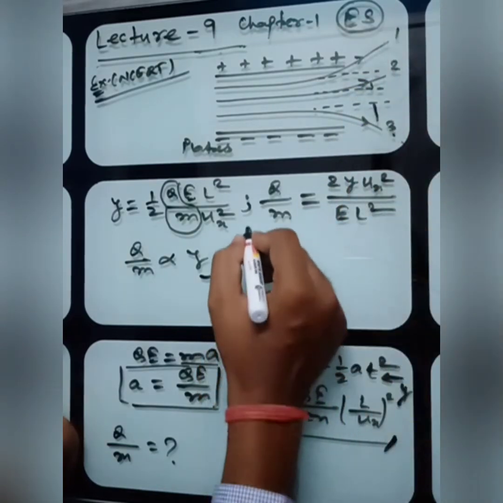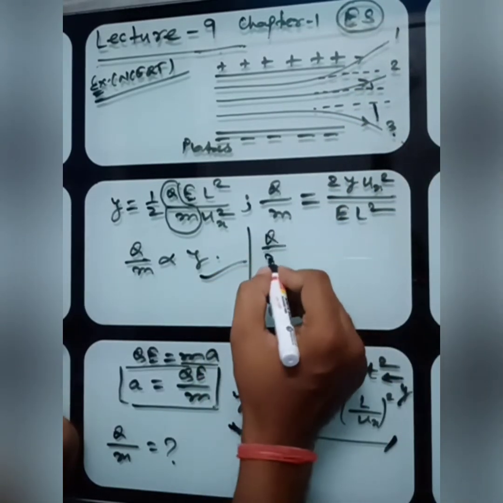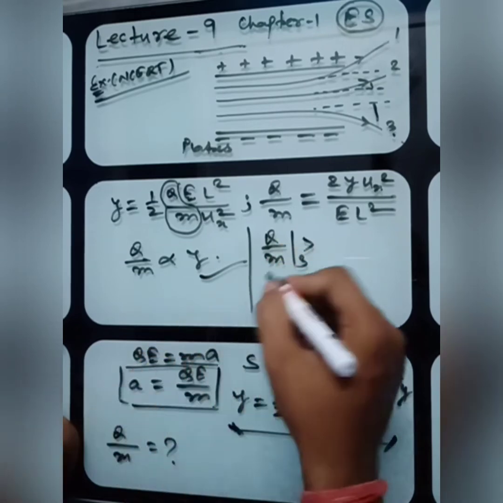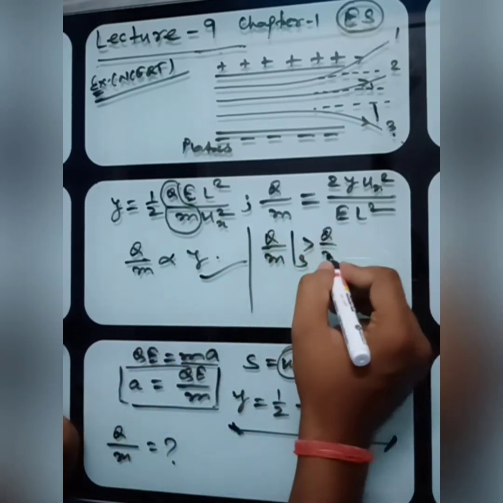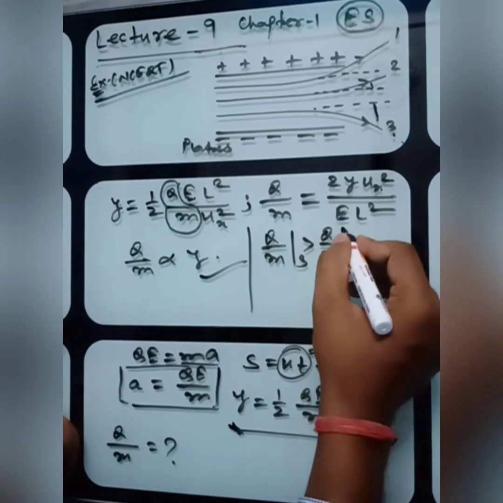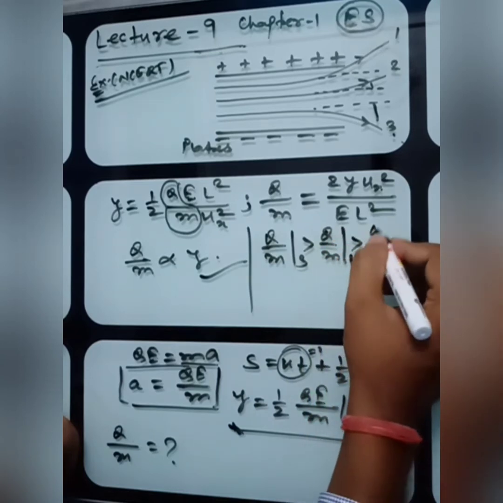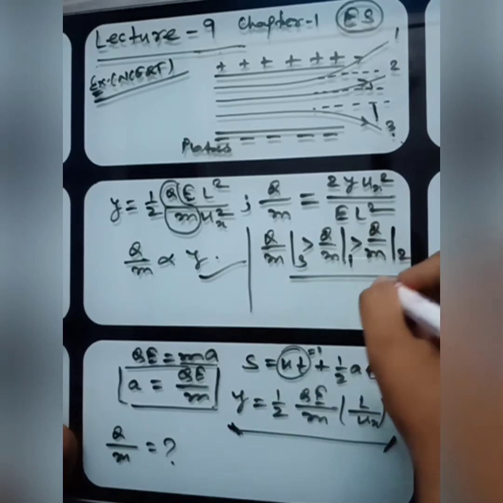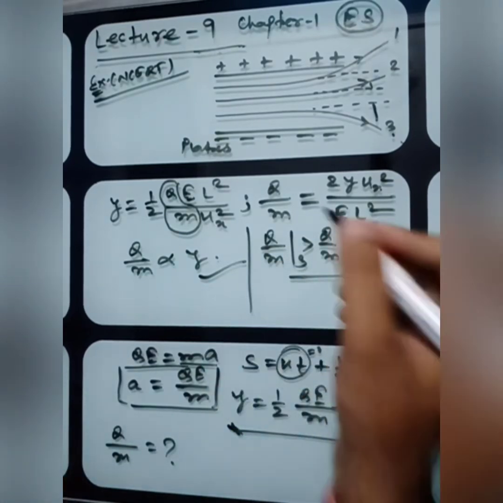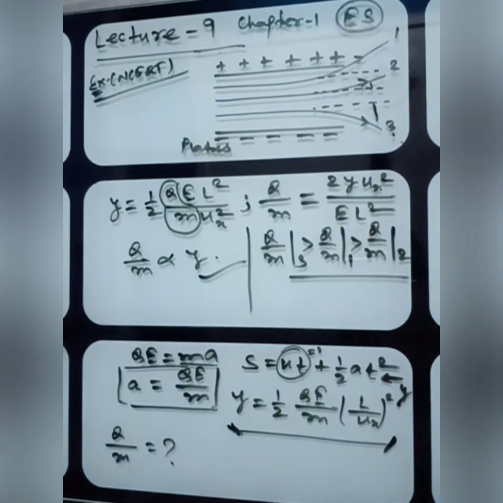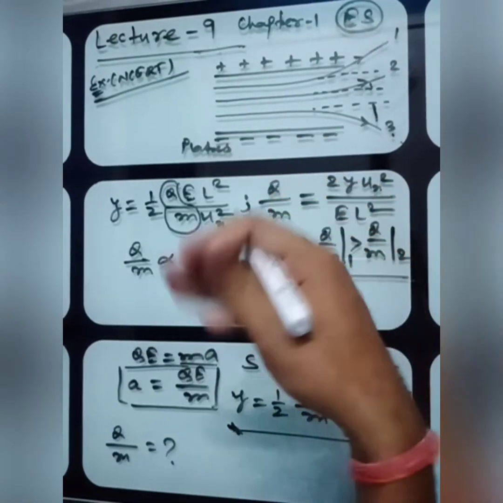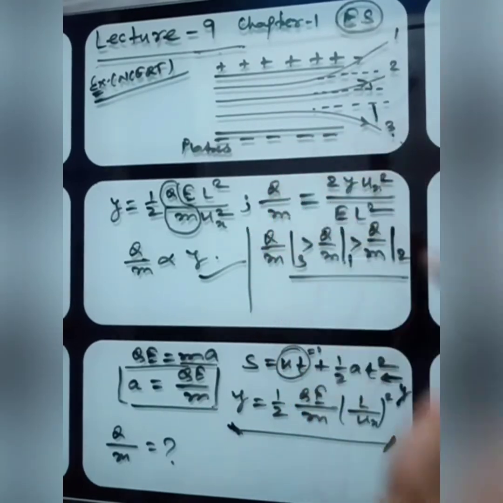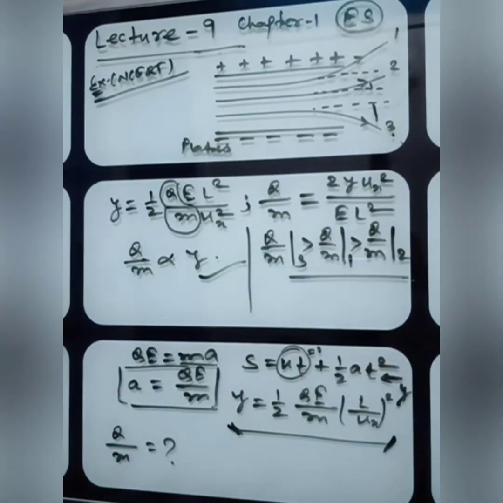So the charge by mass ratio Q by M of 3 will be larger than Q by M of 1, and then Q by M of 2. Such types of questions may be asked. Now you have another question in your NCERT, and I hope you can solve it if you understand properly.